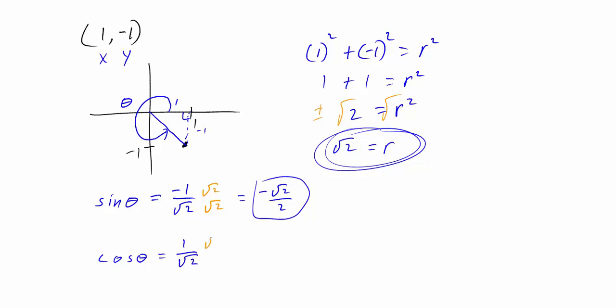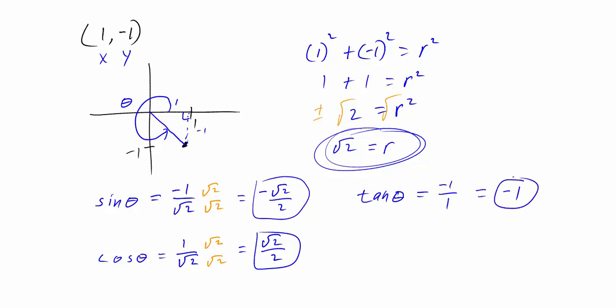And by rationalizing once again, we would end up with the square root of 2 over 2. And then lastly, if we look at the tangent of our particular angle, that means we're going to take y over x. So for that, we would simply have -1 over +1. So therefore, the tangent is equal to -1.